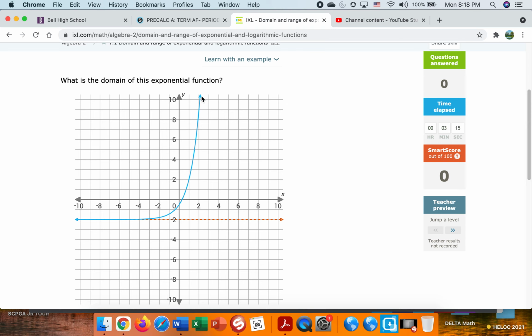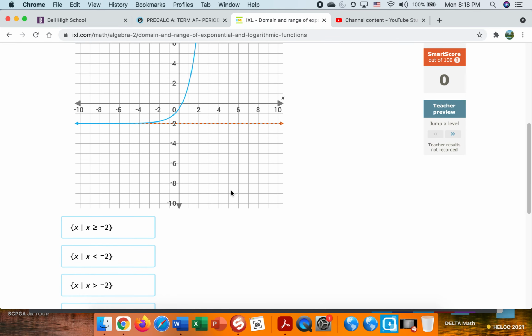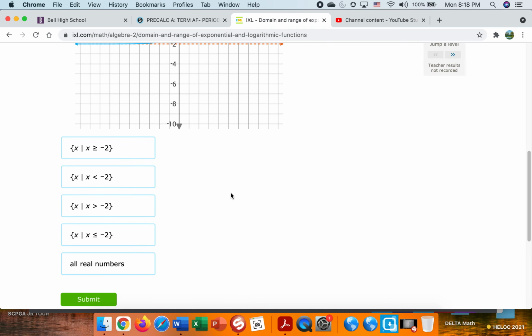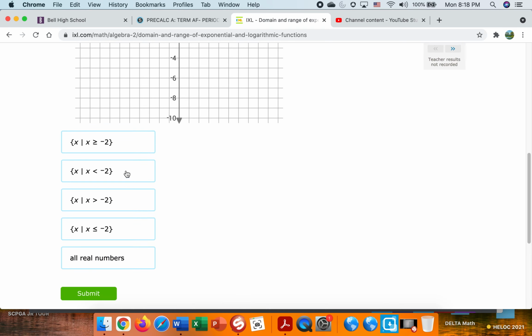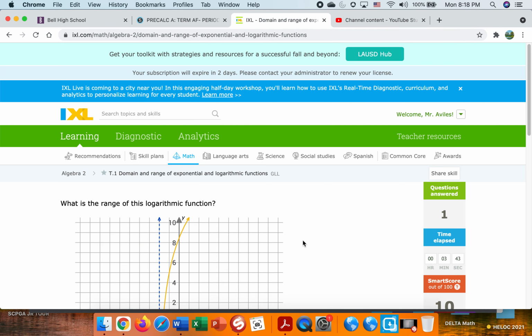You just don't see it, and the arrowhead is what tells you. So for the domain, it exists on all real numbers, everything from negative infinity all the way to positive infinity. Here they're showing you interval notation, but this one's all real numbers. I will hit submit and see I got it.